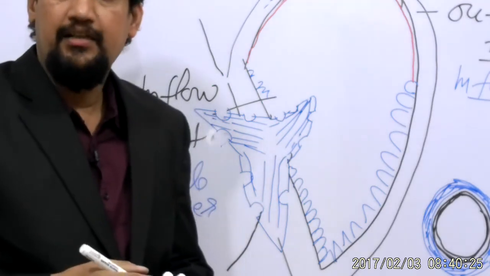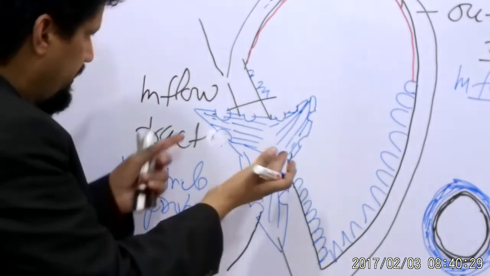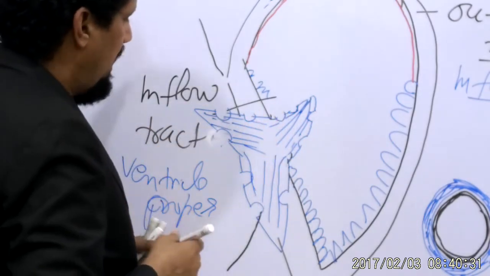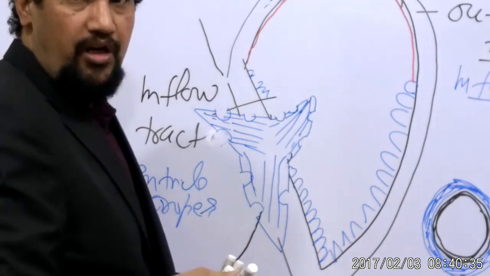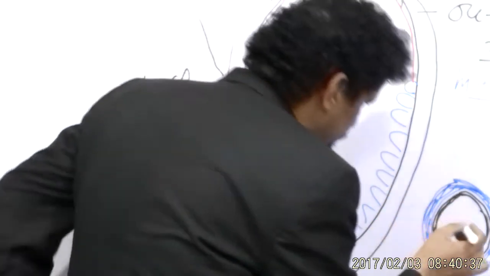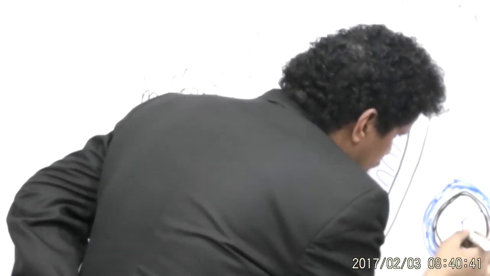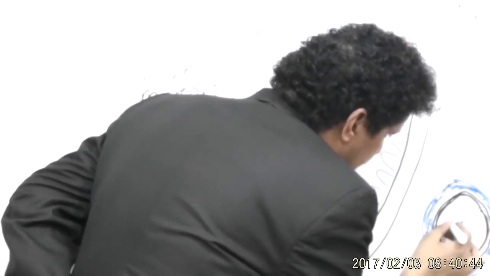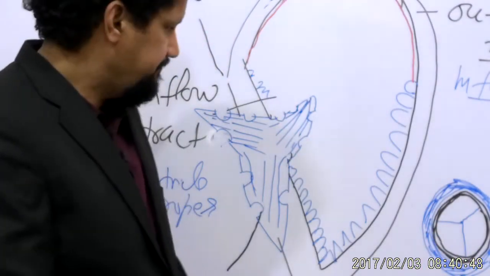When this tricuspid valve is closed, these all will come in approximation with each other and these will form a structure like this. Here we can see more clearly.